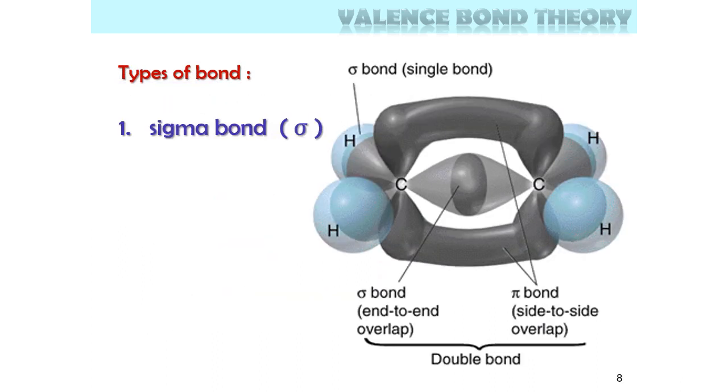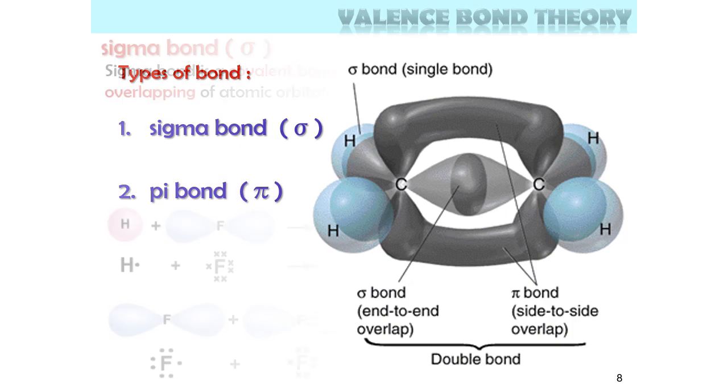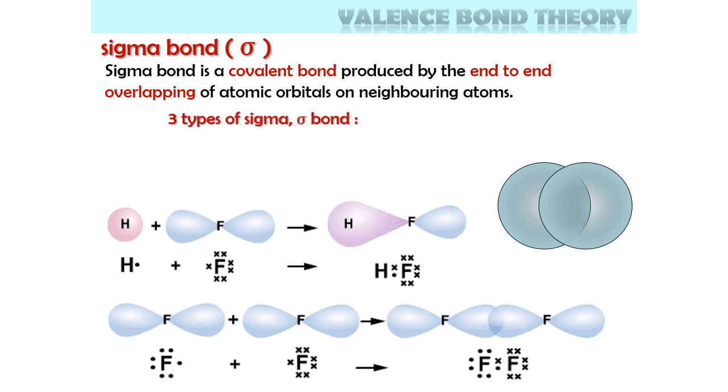So there are two types of bond. The first one is sigma bond and the second one is pi bond. Let's look at the first type of bonding, sigma bond. It is a covalent bond produced by end-to-end overlapping of orbitals on the neighboring atoms. There are three types of sigma bond. First, overlapping of two s orbitals.